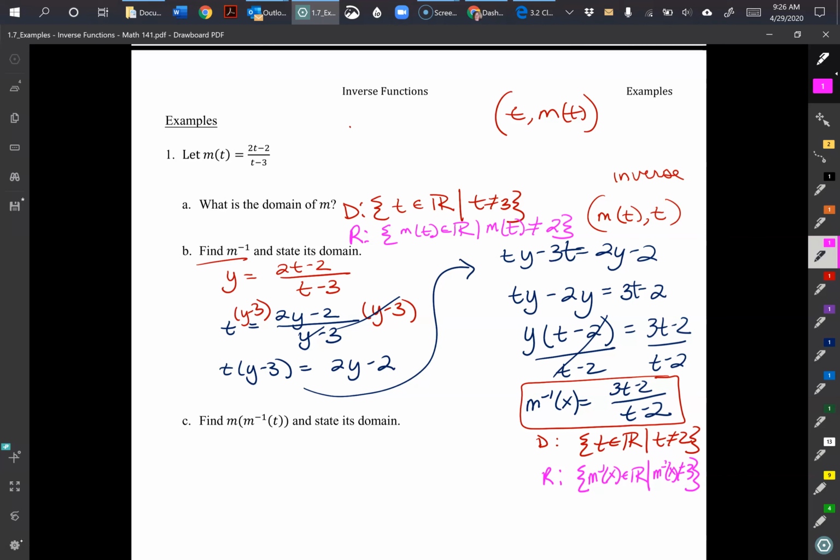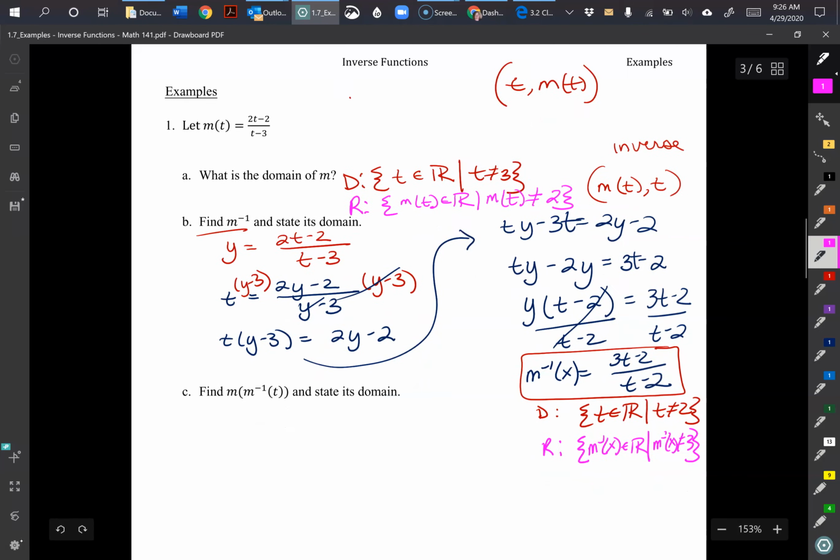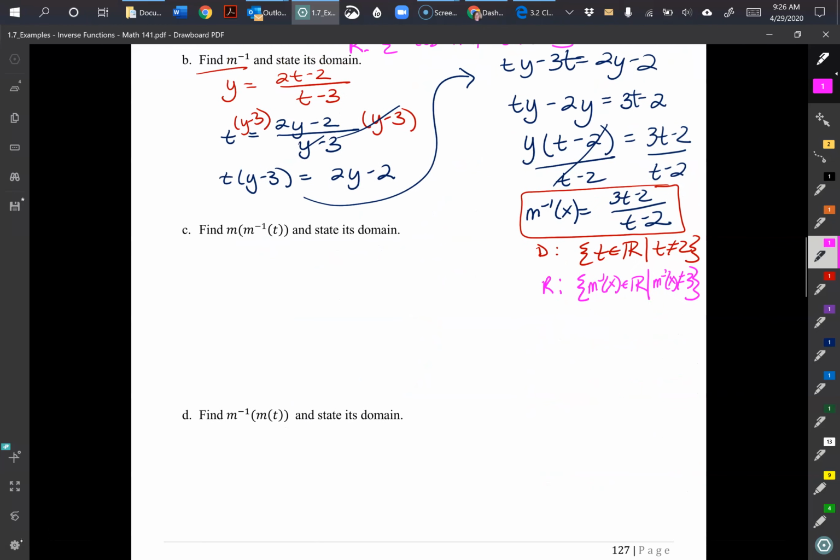So for part C, we're going to find m of m inverse of t and state its domain. That's similar to what we did before, to see if we should come out with t, right? We know that. And then there's another one down here to try. So you can try both of those as classwork if you want, but definitely one of them you should do as classwork.